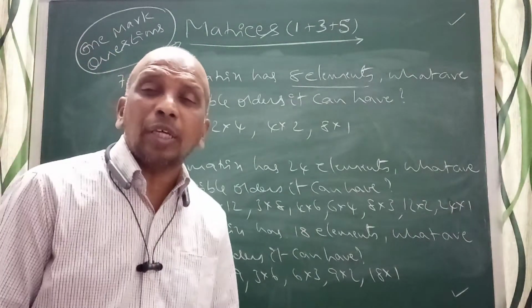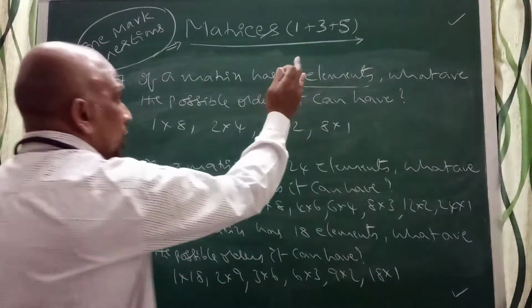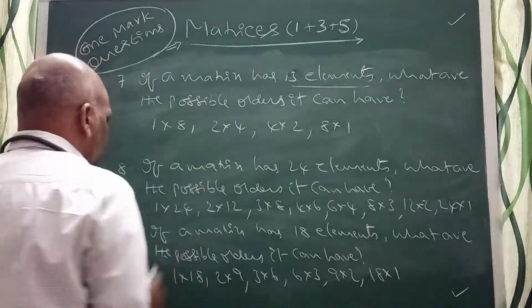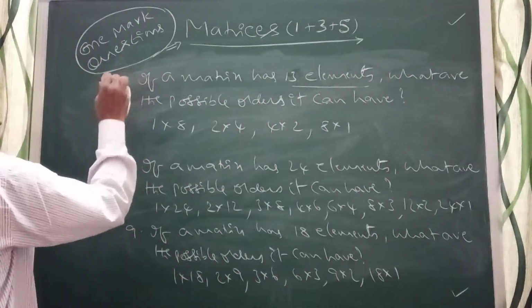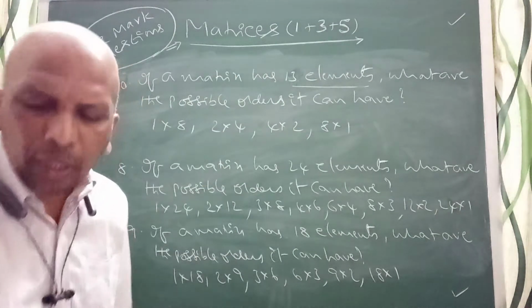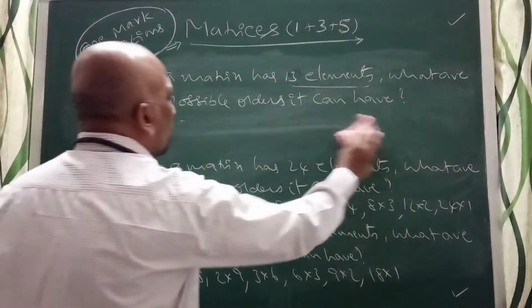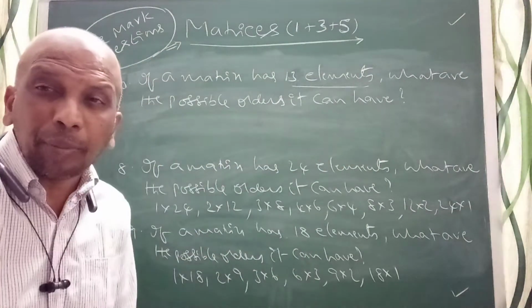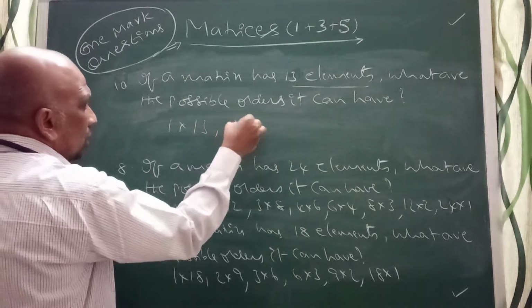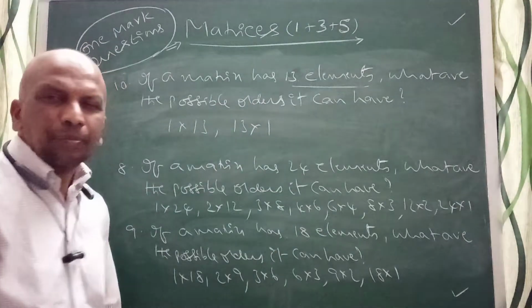Suppose now they change the question and mention 13 elements. This is question number 10. When they are talking about 13 elements, 13 is a prime number, right? We will get 1 by 13 and 13 by 1, only these.